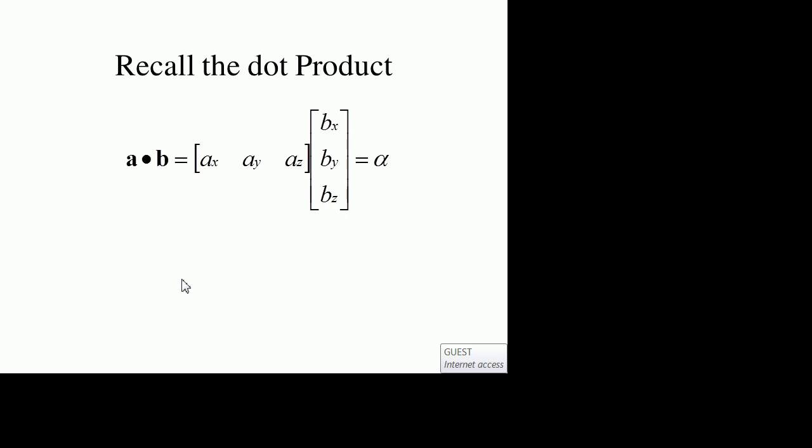If you just had to do this with AX times BX plus AY times BY, where those are two vectors, then what you're really doing is multiplying the magnitude of A times the magnitude of B, and then you multiply that by the cosine of the angle between them.